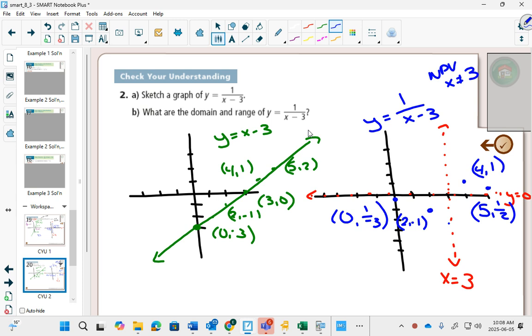So all I'm doing is taking my original y values, and the only difference is now I have 1 over what I had before, so my y values change to 1 over what they were before. And this is a little bit overkill. I didn't need all of these points, but I can go through those points and closer to my asymptotes.